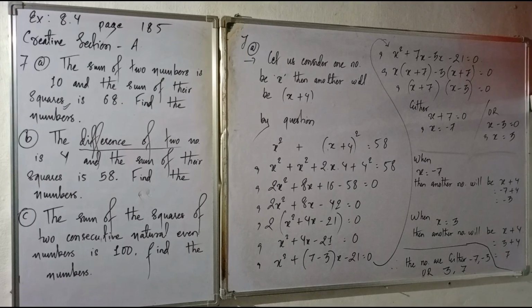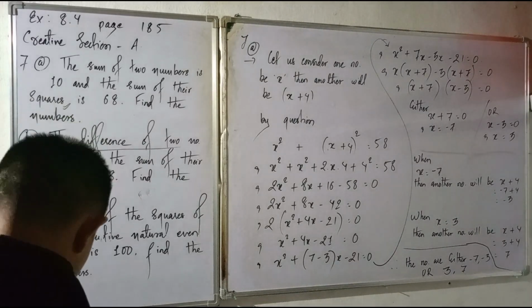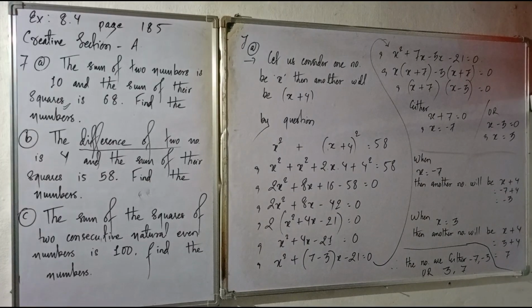Okay, now we come to the end of the questions. Number C. I'll just read out the question for you. The sum of the squares of two consecutive natural even numbers is 100.